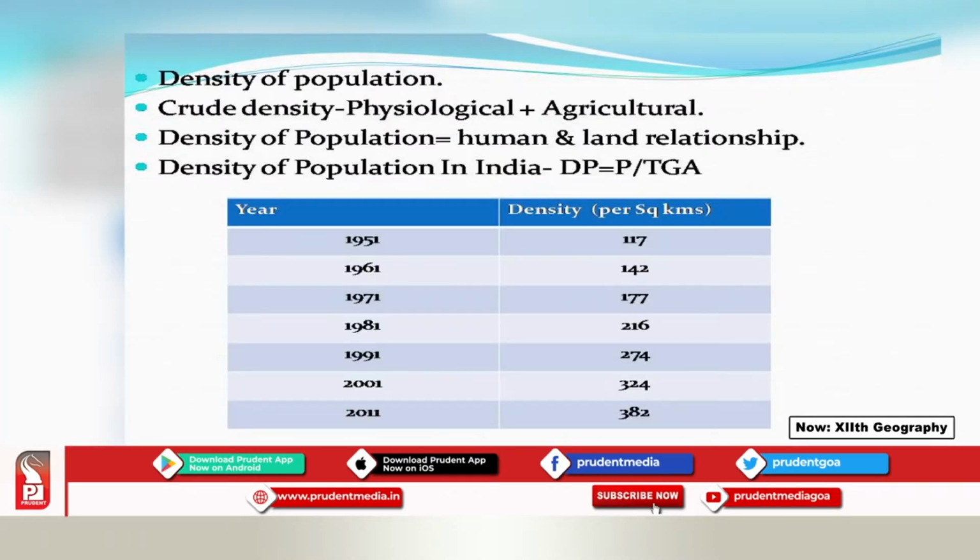Density of population here, we have a table. This is calculated by crude density. Simple formula: density of population is equal to population of the area divided by total geographical area.